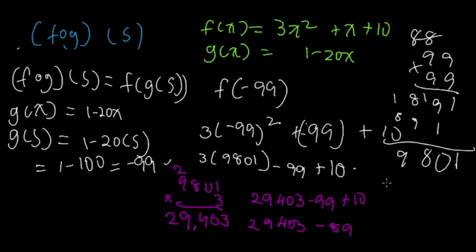Now we can finally solve for it. 29,403 minus 89 gives us the final answer of 29,314.